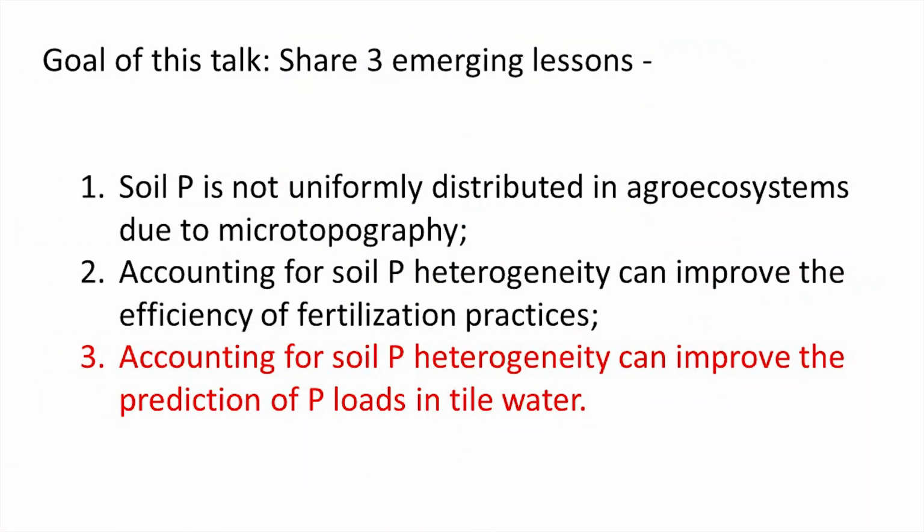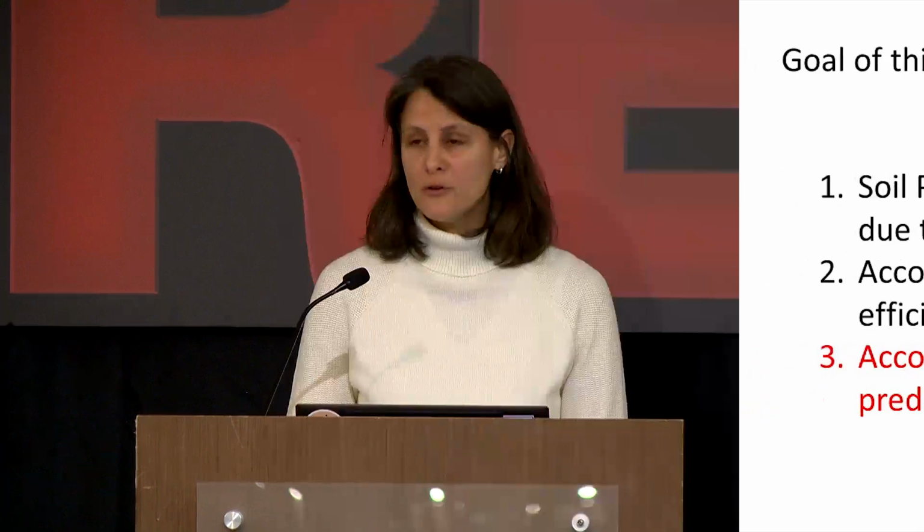So that really comes to the third lesson that I want to get across for today, which is that accounting for soil phosphorus heterogeneity can improve the prediction of the P loads in tile water and most likely also help us prevent these losses if we're using it to think more carefully about where to apply phosphorus fertilizer.